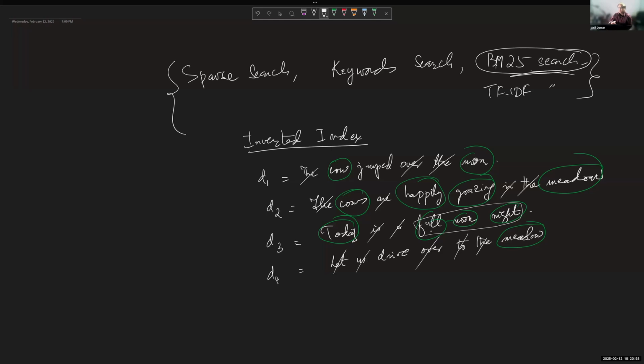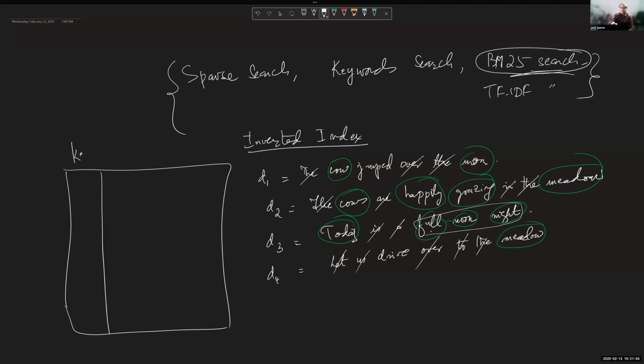You create what is called an inverted index, which is roughly a hash table in which the keys are the words.